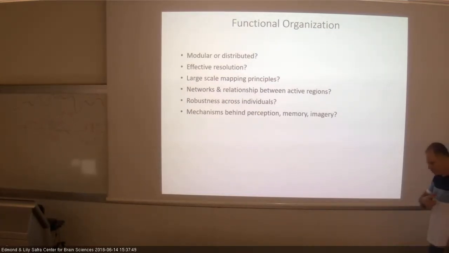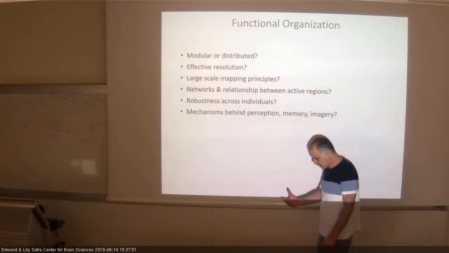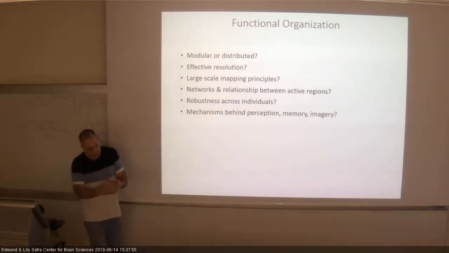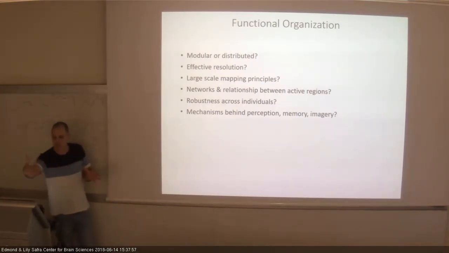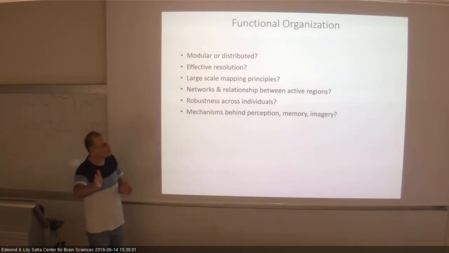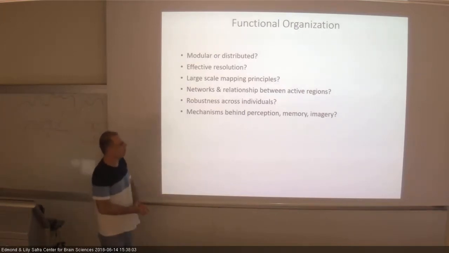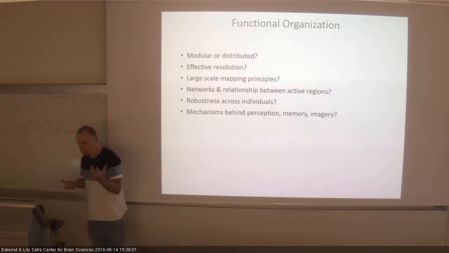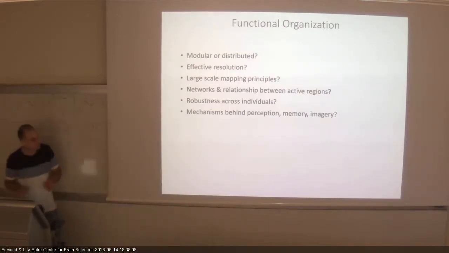Are there large-scale principles, like we know, for example, that receptive field size gets bigger and bigger as you go further along the visual stream? Are there any other large-scale principles in the brain? What is the relationship between the clusters that we find? Is some kind of network going on there?